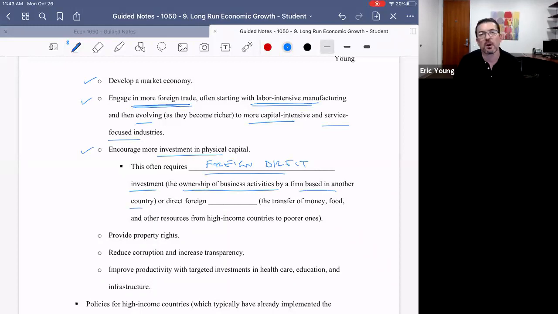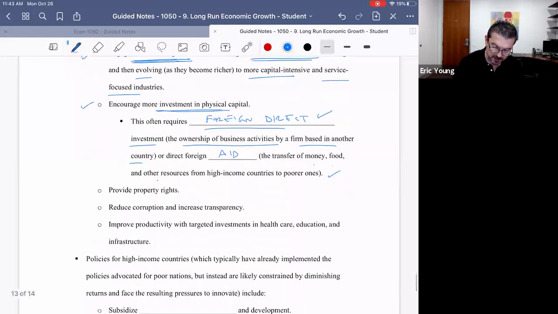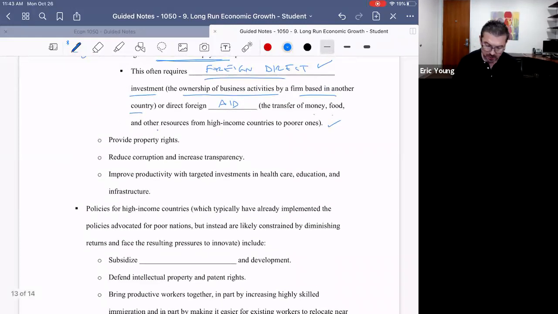Foreign direct investment has pros and cons, but it can bring a lot of needed human capital and innovation capital to poor countries, okay? So engage in more physical capital investment, either through foreign direct investment or failing that, simply through direct foreign aid, which refers to just a direct transfer of money or food or other resources from richer countries to poorer ones.